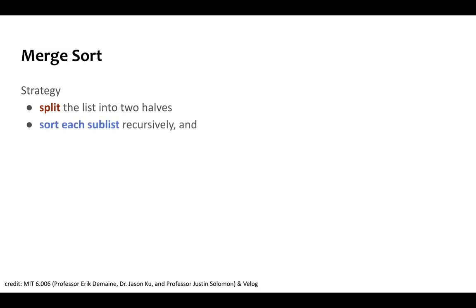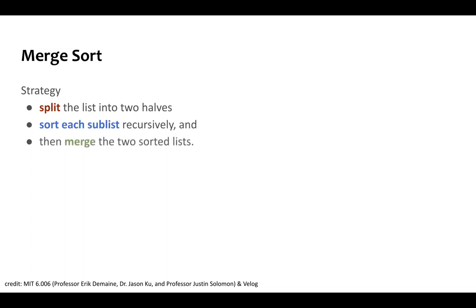And the next sorting algorithm we are going to have a look at is merge sort. And as the name suggests, it is going to divide and merge items. The strategy is like this. We firstly split the list into two halves and sort each sublist recursively.